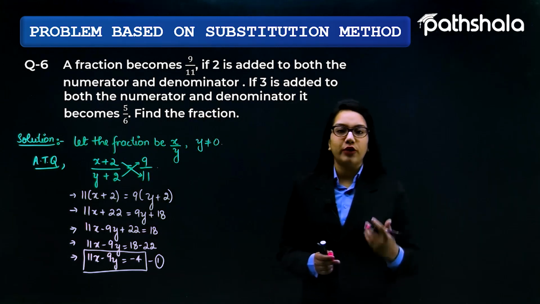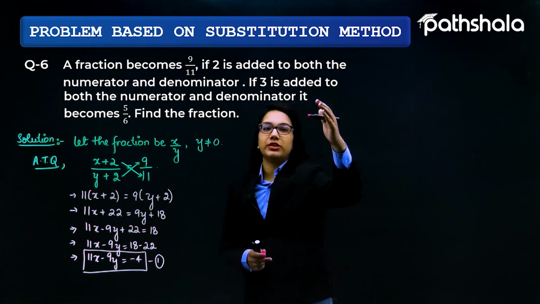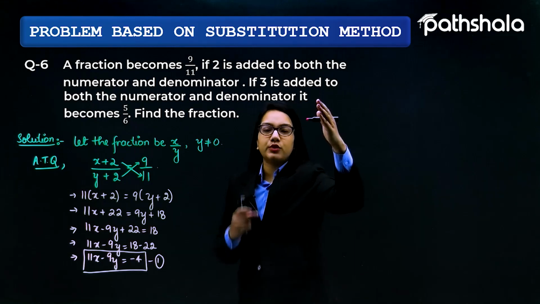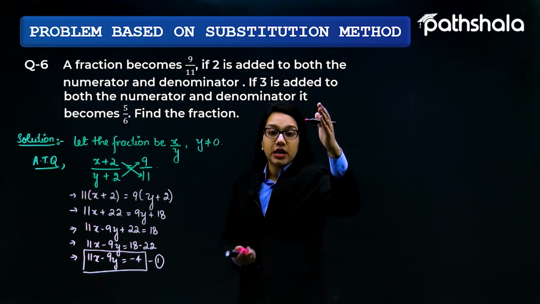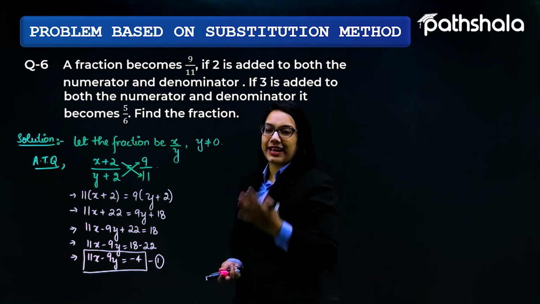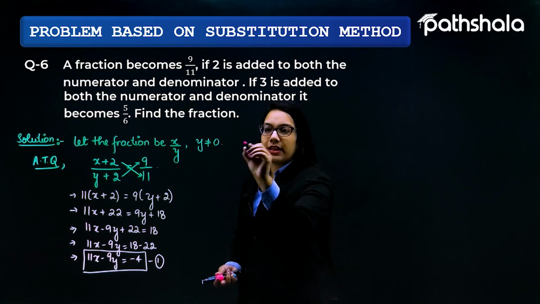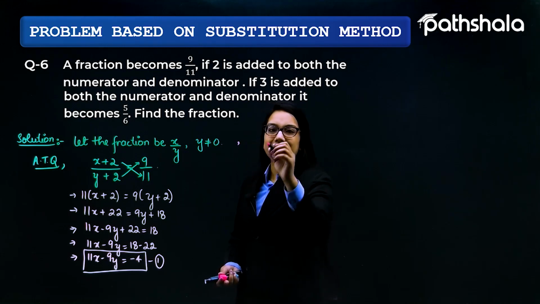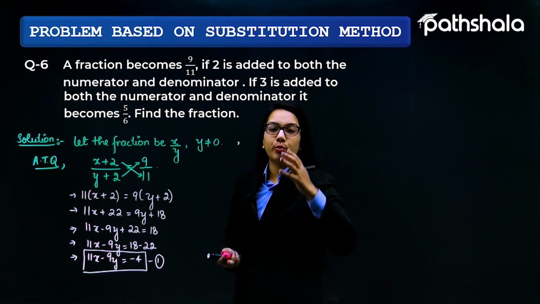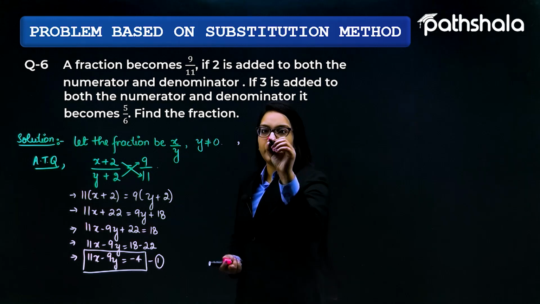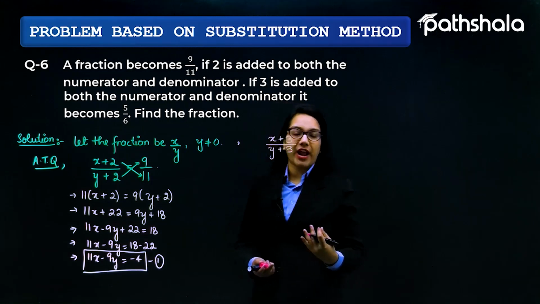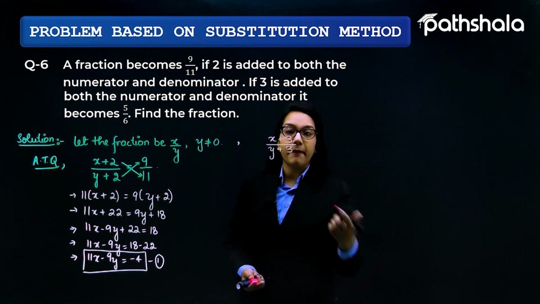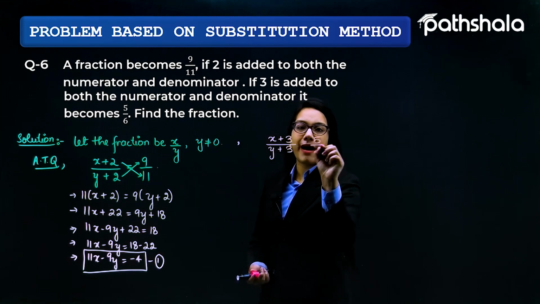Now let's move on to the second part of the question. It says if 3 is added to both the numerator and denominator, it becomes 5 by 6. So if the fraction is x by y, then when 3 is added to both the numerator and denominator, we get x plus 3 by y plus 3, and this becomes 5 by 6.